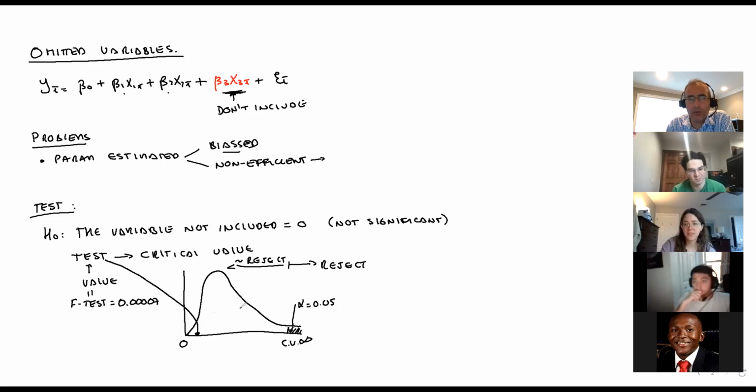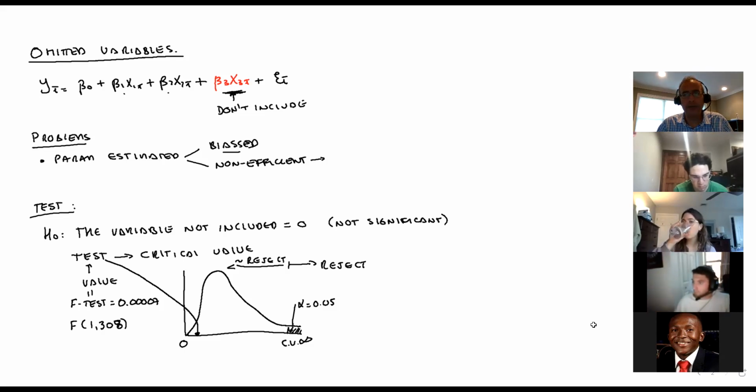Now, if we want to compute this, this is my F, what are the degrees of freedom? It's 1 and 307, I think. Right? The degrees of freedom? 308. Oh, 308. So if you want to find this critical value, just go to Excel. Let me open Excel.